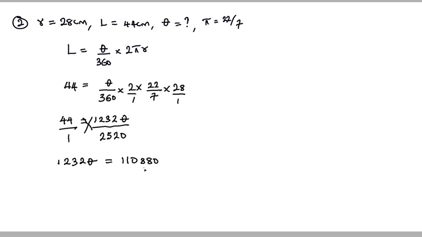2520 times 44 gives us 110880. And so to get the value of theta, I need to divide both sides by 1232.